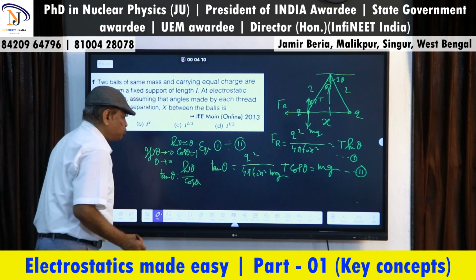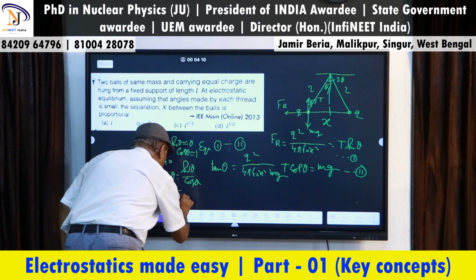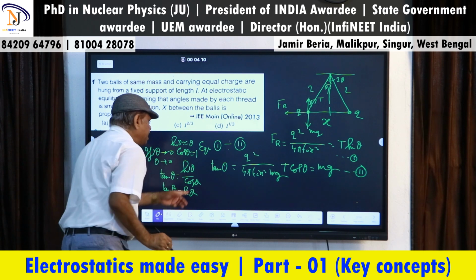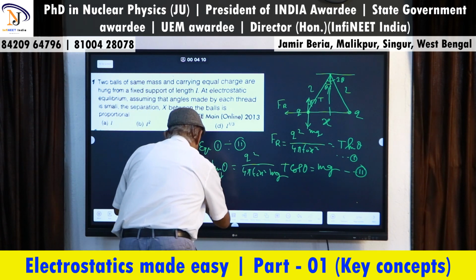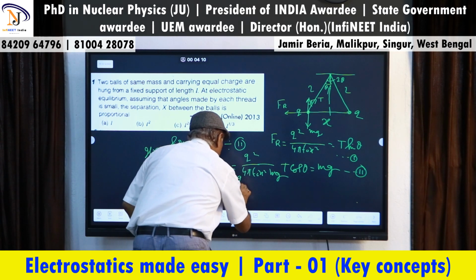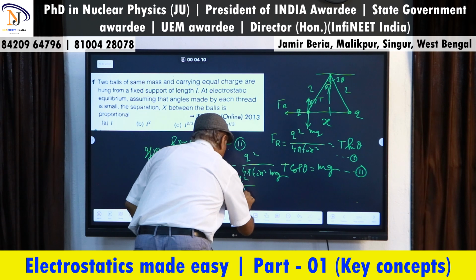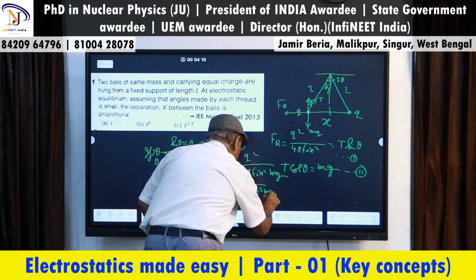So at that point you can write tan theta equals sin theta. Sin theta is Q square by 4 pi epsilon naught x square mg.